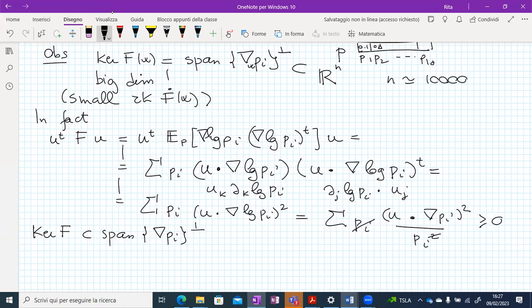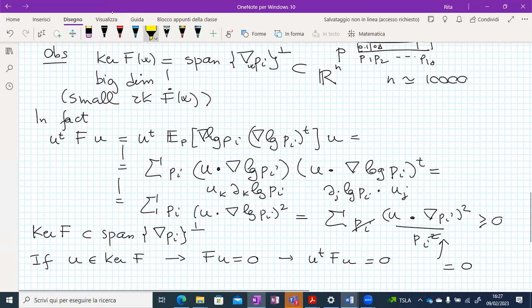Now, if you take an element u in the kernel of F, this implies that F u is equal to 0, but also that u transpose F u is 0. Obviously, if it is 0, multiply, it is 0. But this implies that this sum here is 0, because I have a sum of positive quantities, and they are 0 only if they're all 0.